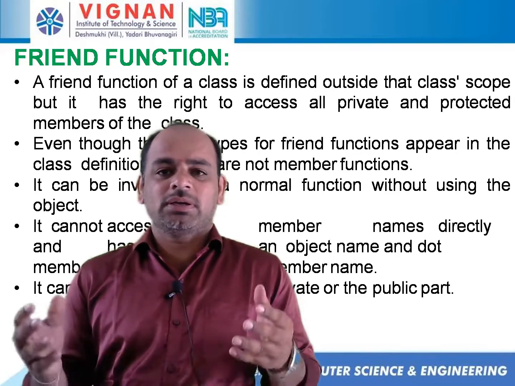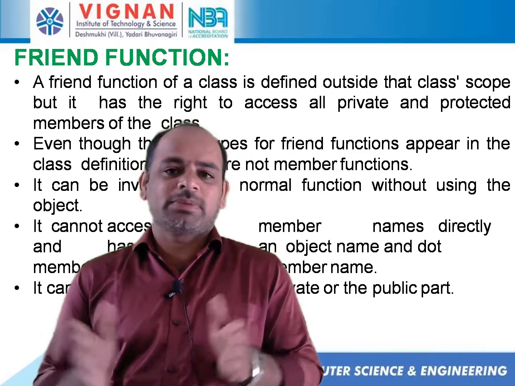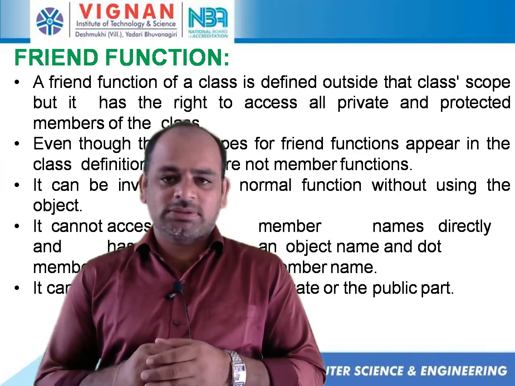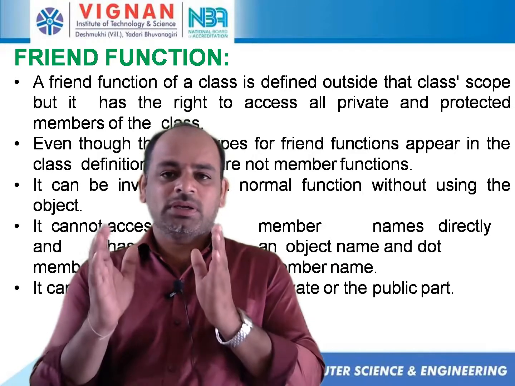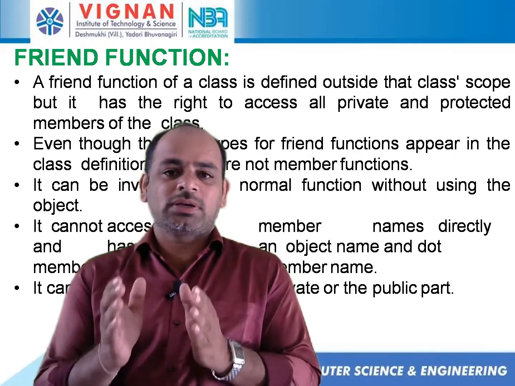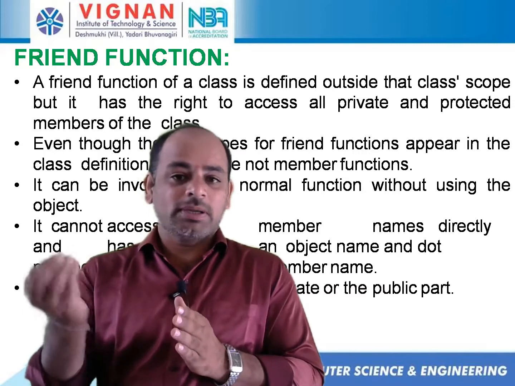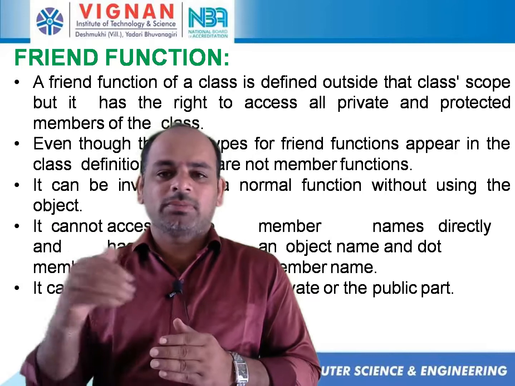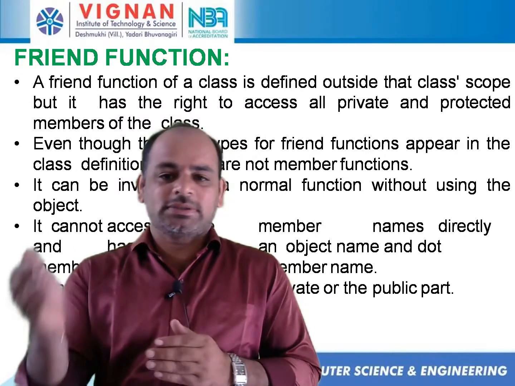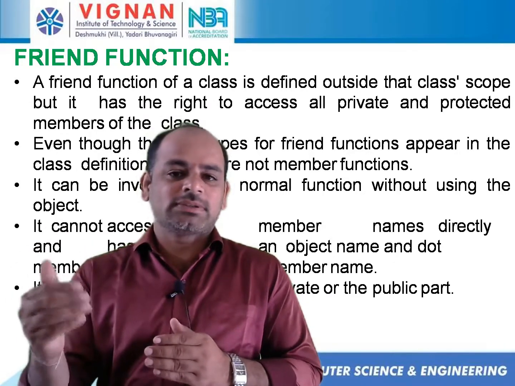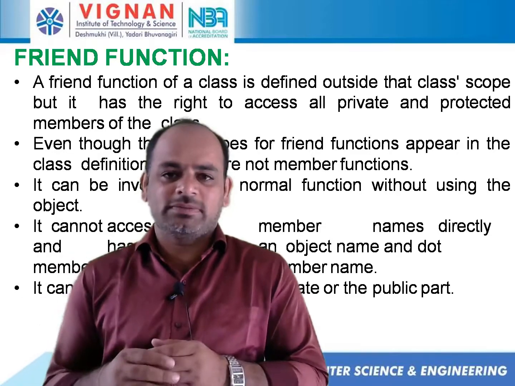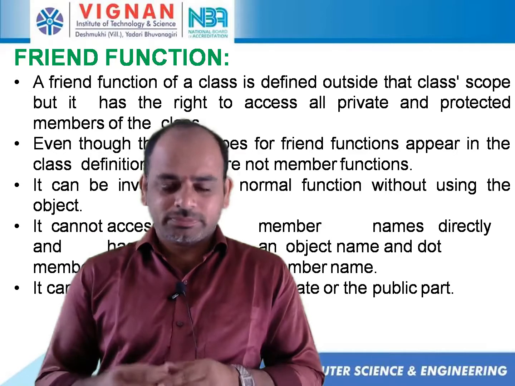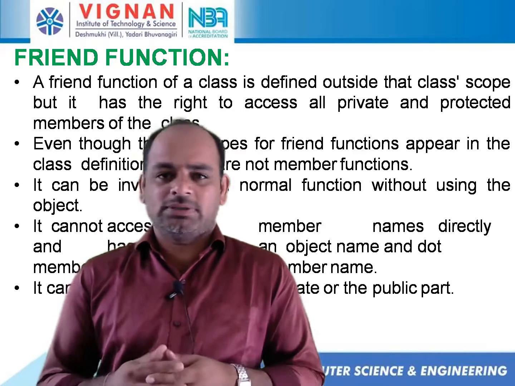If you declare any member of a class as private, that member is accessible within the class only, or by the public members of that class. So outside the environment, you cannot access the private members of any class here.